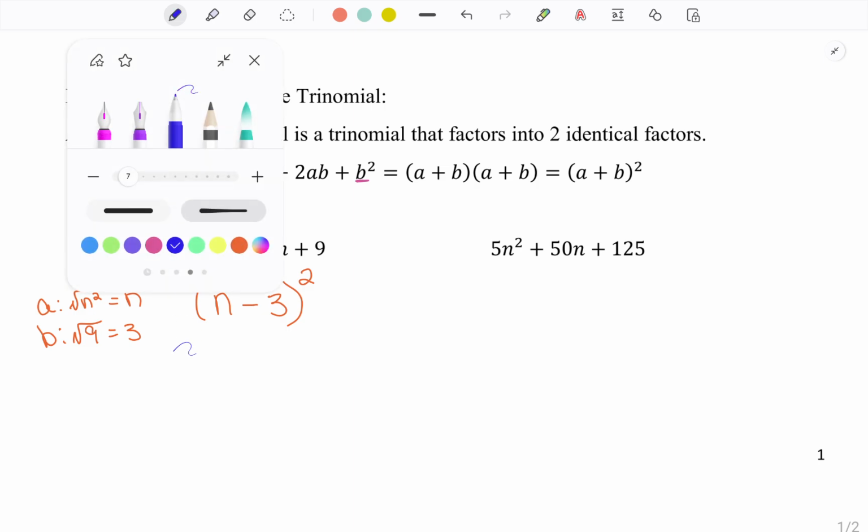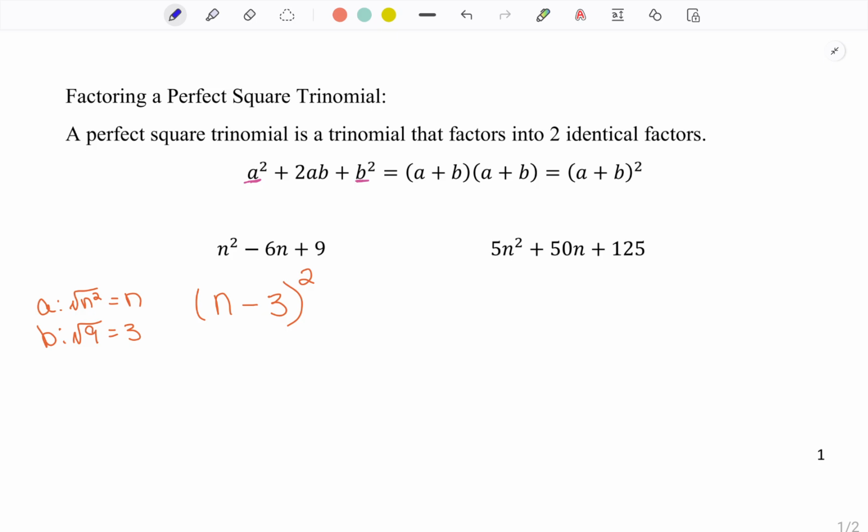So for our next problem, we are going to go ahead and take a GCF first because I don't see any perfect squares, but I do see that every single number is divisible by 5. So I'm going to have that 5 divided out. That will leave me with n squared plus 10n plus 25. And that will leave us with a perfect square of n squared and a perfect square of 25.